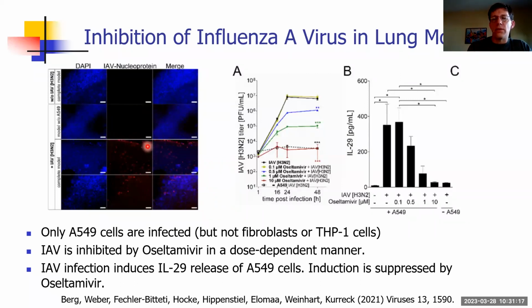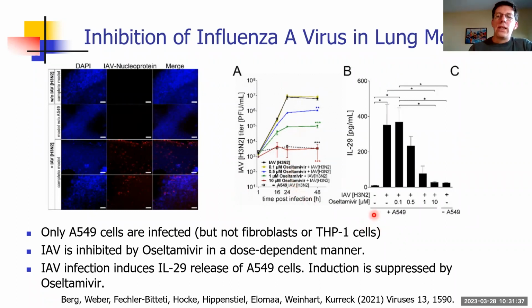We then tested a virus inhibitor, oseltamivir, so that's the common influenza inhibitor, and we found a nice dose-dependent decrease in virus titer by treating with increasing concentrations of the antiviral drug.